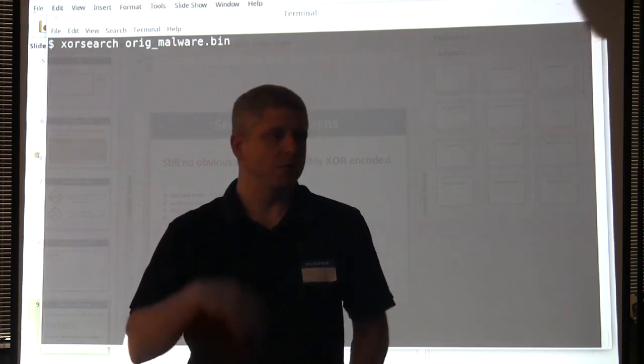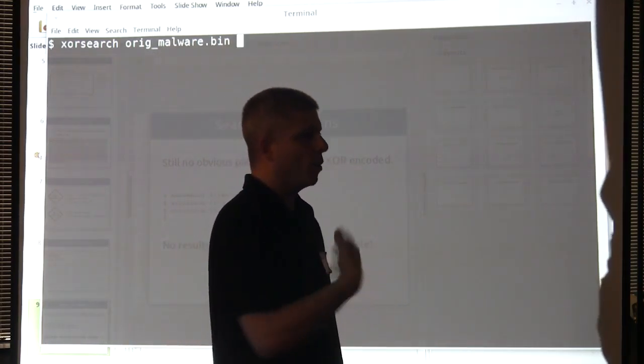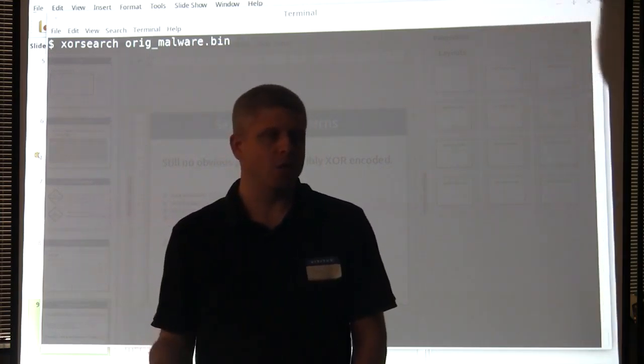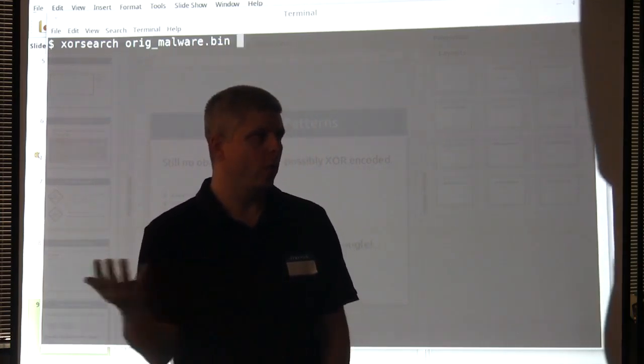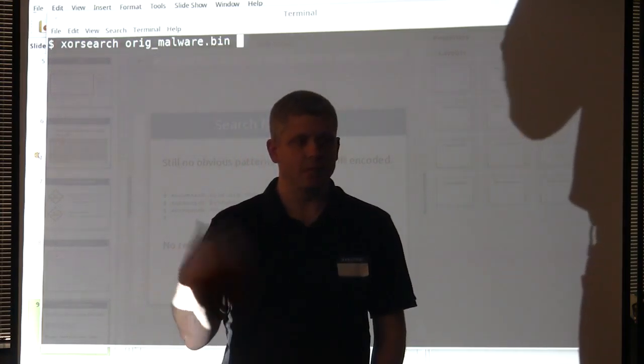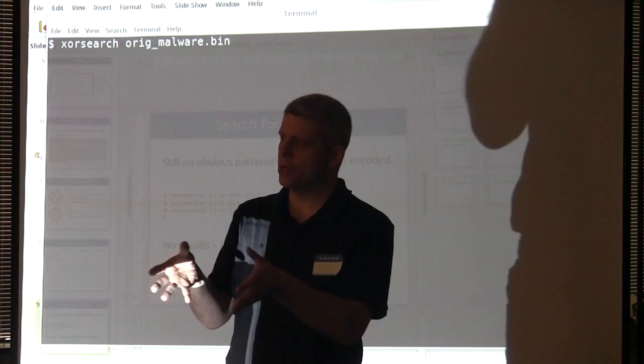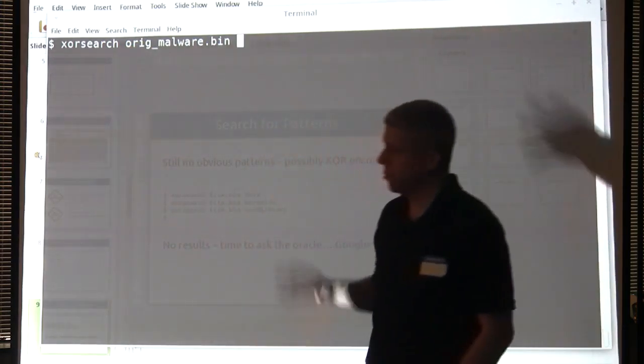It's going to go through that file and encode that string any number of ways that it can think of. It's going to try XOR encoding using single byte keys, 0 through 255, and then look for that blob of encoded data somewhere within that file.